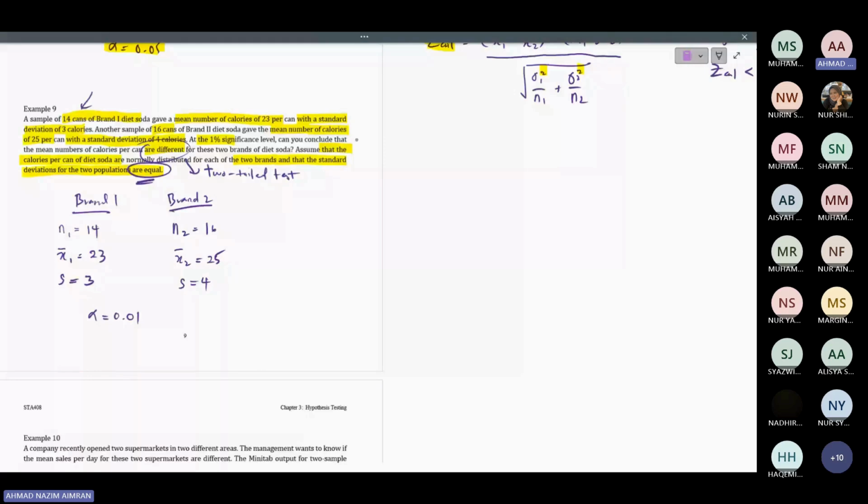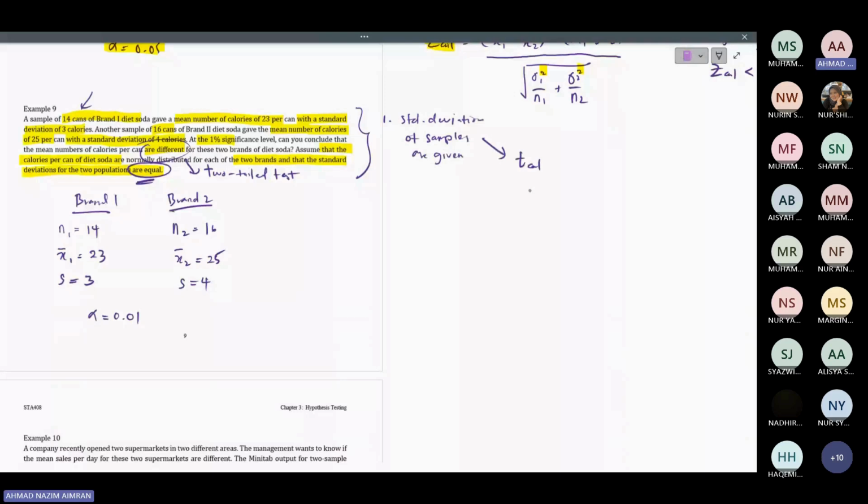The first one is standard deviation of samples are given. So from here, you know that you need to use the T calculated.